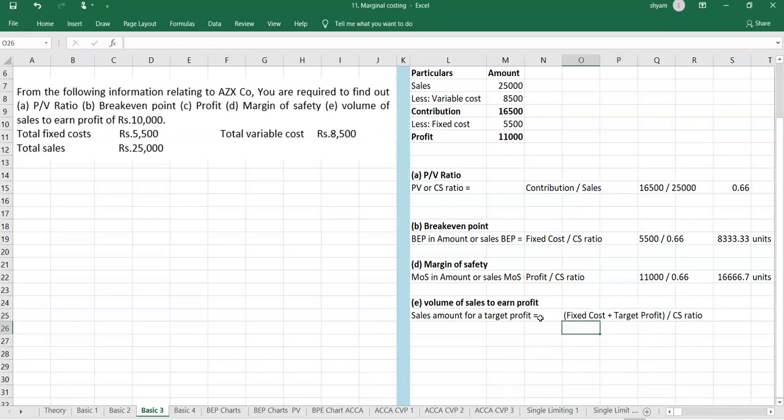The formula is fixed cost, which is 5,500, plus targeted profit, 10,000, divided by CS ratio, which is 0.66.